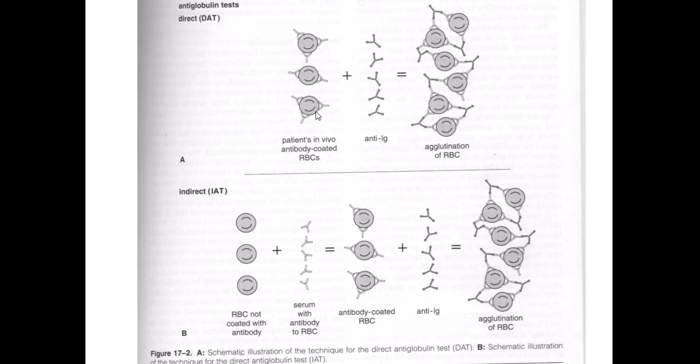So we take some red blood cells of the baby that could be sensitized. These are the red blood cells sensitized with the anti-D antibodies. And then we add what we call the Coombs reagent. The Coombs reagent is anti-human globulin, antibodies against human IgG antibodies. And so clumping will take place. So that means it is positive.